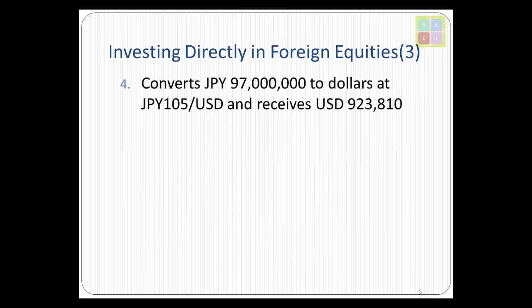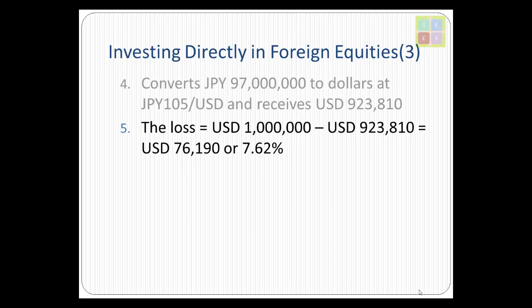The manager is going to convert the 97 million yen to dollars at the rate of 105 per US dollar, and that amount equals $923,810. So the manager went in with 1 million and got out with $923,810. So they lost 76,190 or 7.62%.